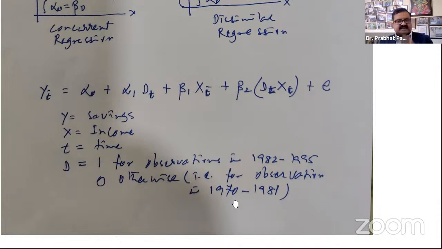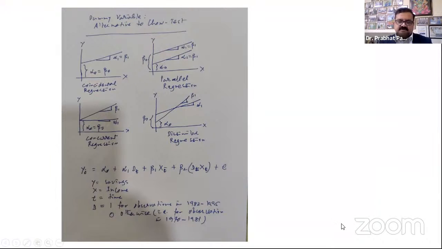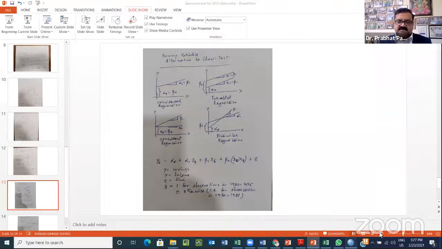The second period, the after one, is taken as the reference dummy, so it is 1. When I go to the data, you will be able to understand how this has been created.